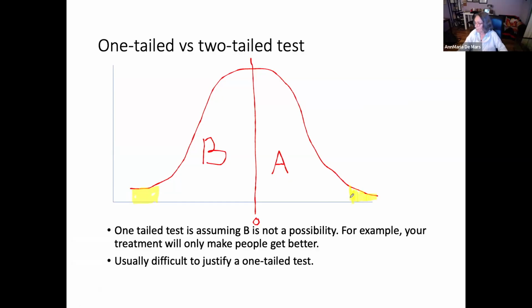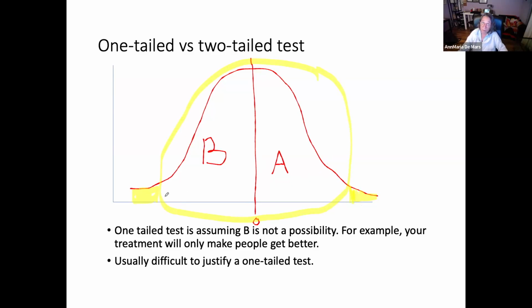So we have 2.5% over here, 2.5% over here, so it adds up to 5%, and 95% in here. Anything that falls in here, we're going to fail to reject the null hypothesis because we say, well, 85, 70, 30% of the time or whatever, it could have occurred by chance.